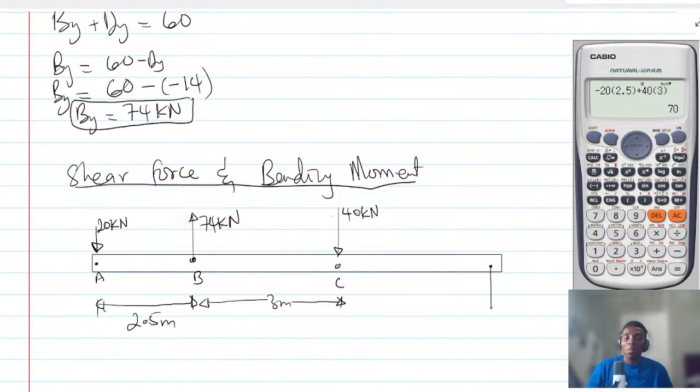Okay. All right. So now the distance here to here, let's say that here is also 2.5 meters.